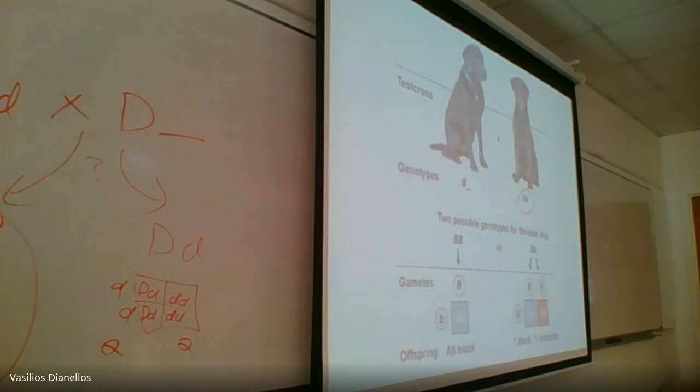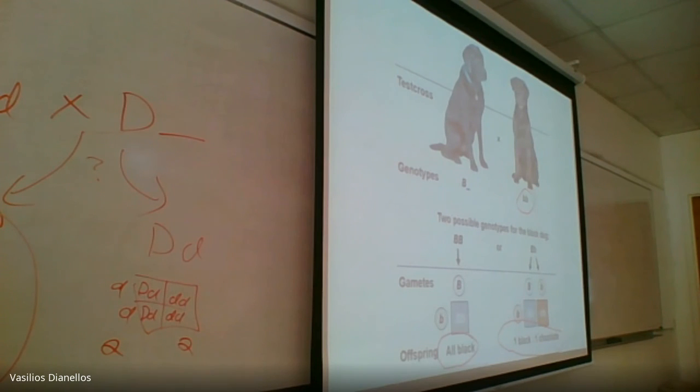So if we mix those two, there's two possible outcomes. There's one in which all the offspring show the dominant phenotype, or there's one where there's a 1-to-1 mix, which mathematically is the same as a 2-to-2 mix. So again, I say the same thing.